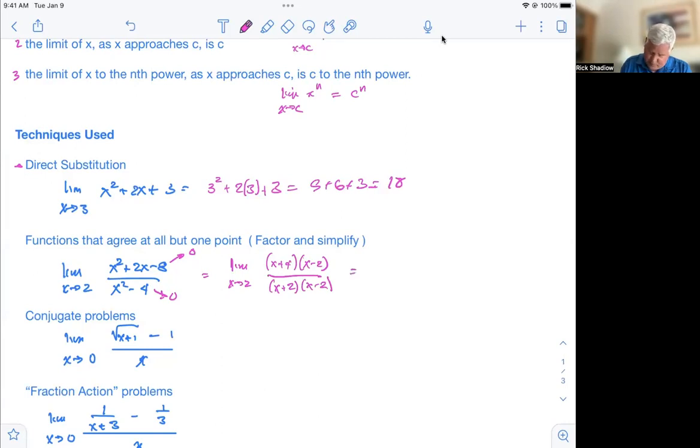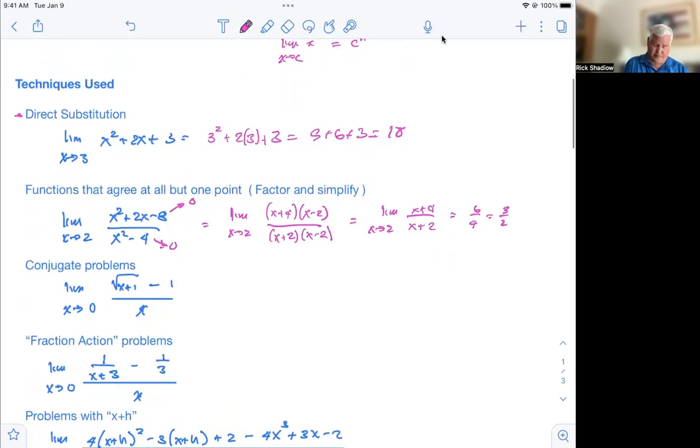So that is the equivalent, everywhere except when x is 2, of x plus 4 over x plus 2. And we saw that last year in pre-calculus. That's not something new for us. And so if I now substitute, I have 6/4 or 3/2 as that limit.